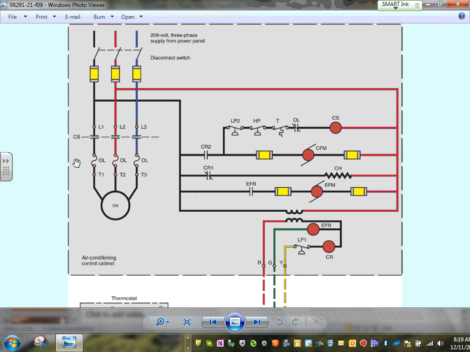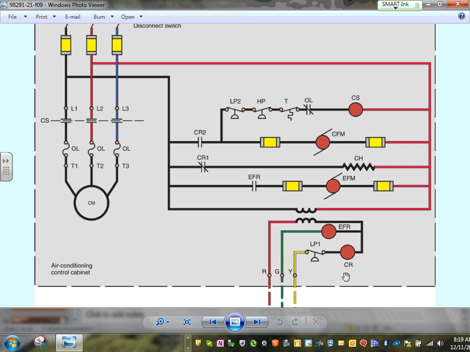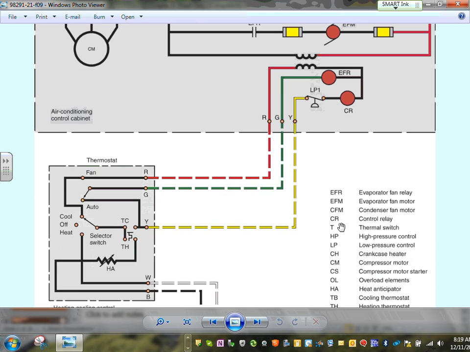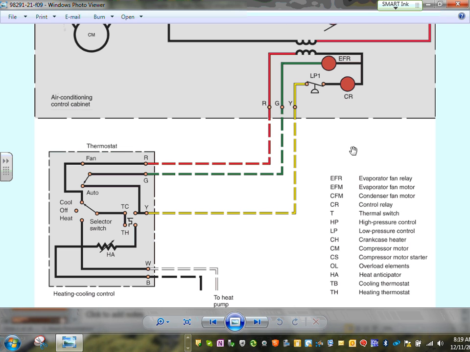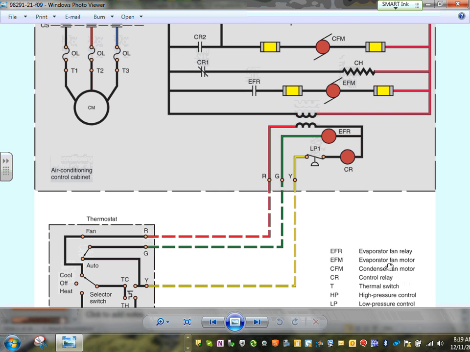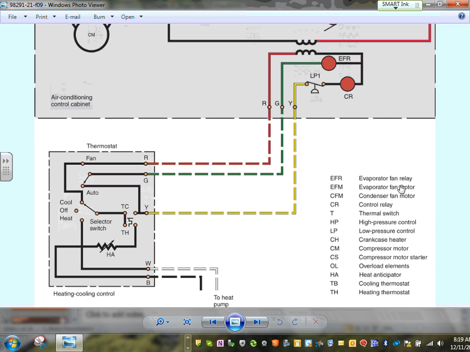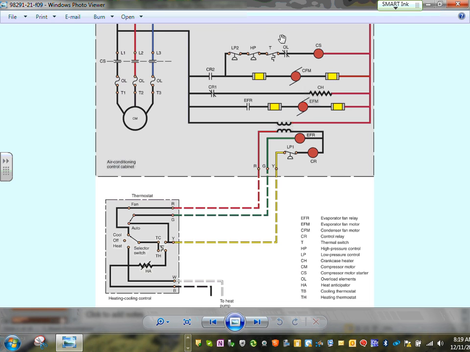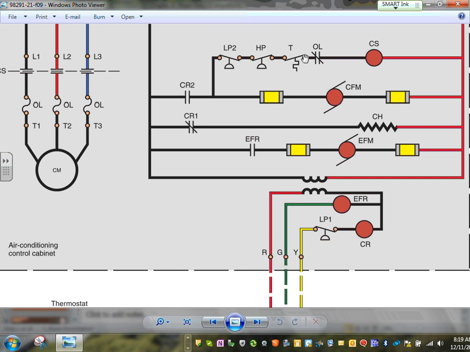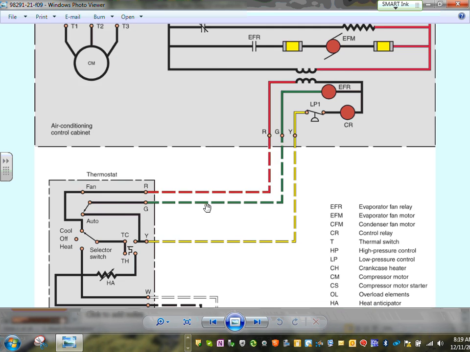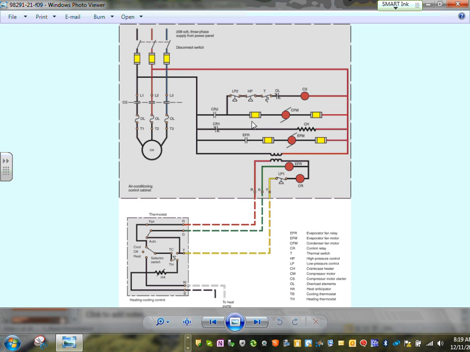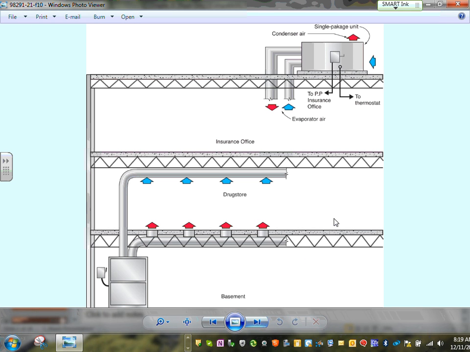You can see it's feeding your compressor cabinet. We also have a condenser fan motor fed right in here, and EFM is the evaporator fan motor, and a bunch of other things. You can see all these high pressure, low pressure and temperature controls, guys, so the system does not explode. So that's a wiring diagram for this with the control system.